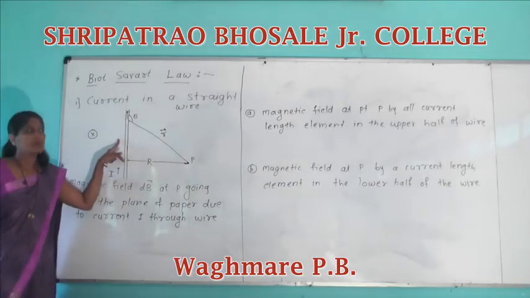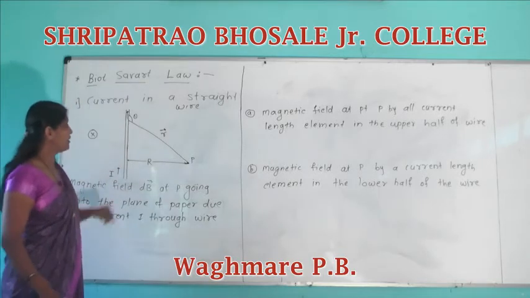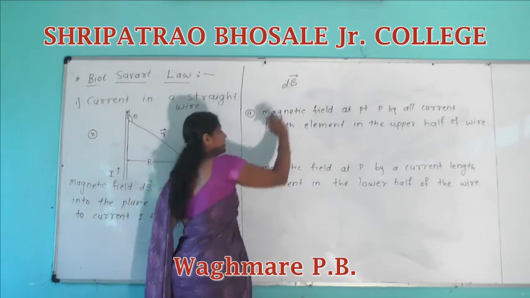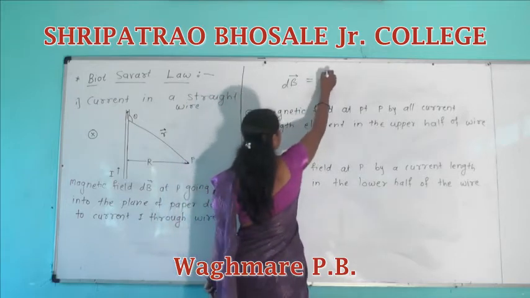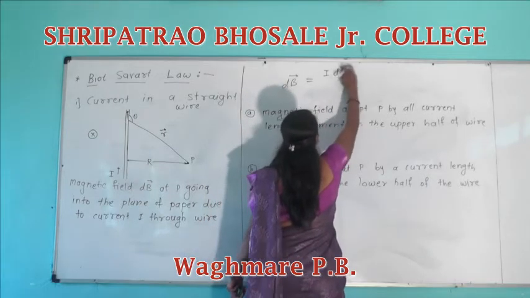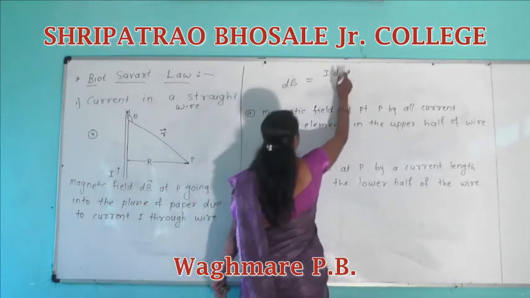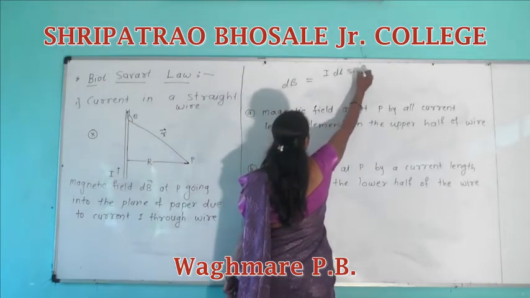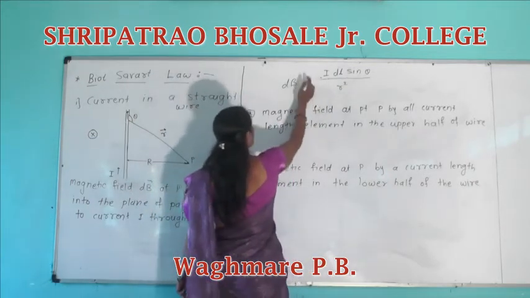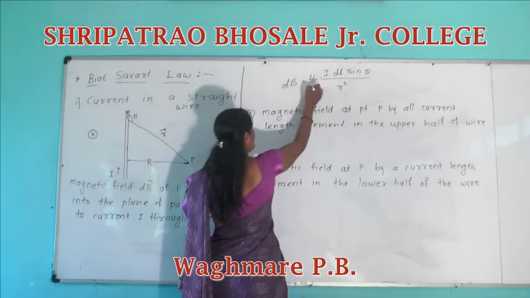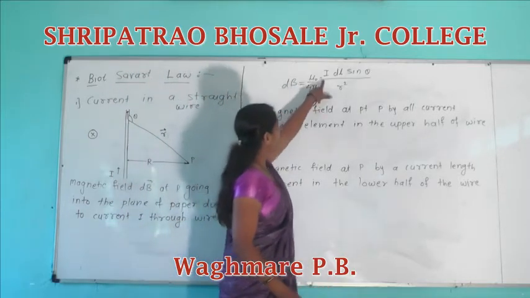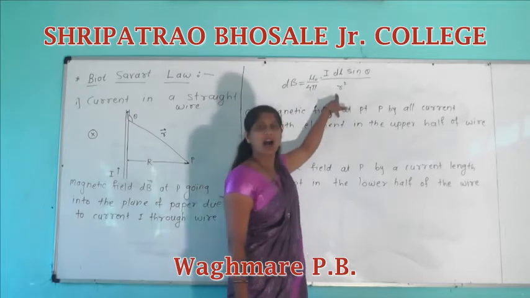Now, using the Biot-Savart law, we can write the equation of the magnetic field: dB is equal to mu naught upon 4 pi into I dl sin theta upon r square.